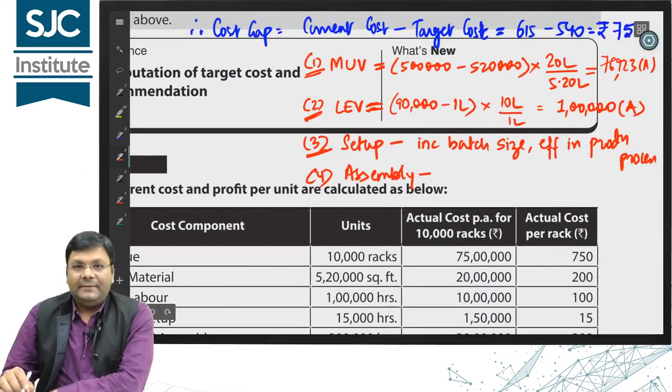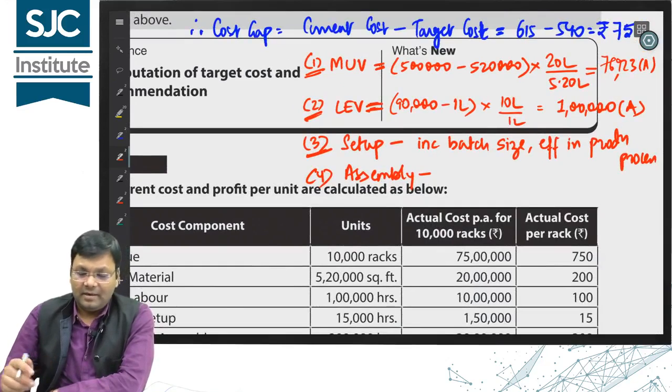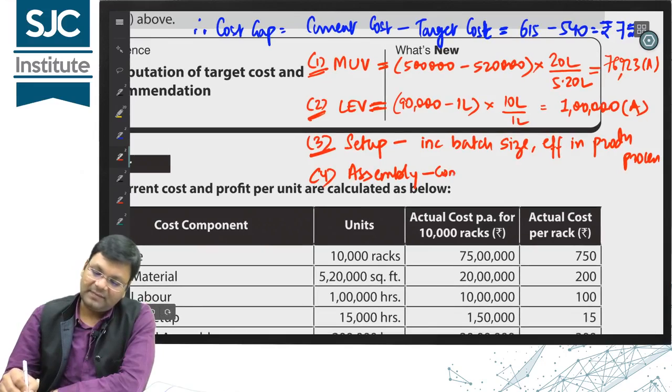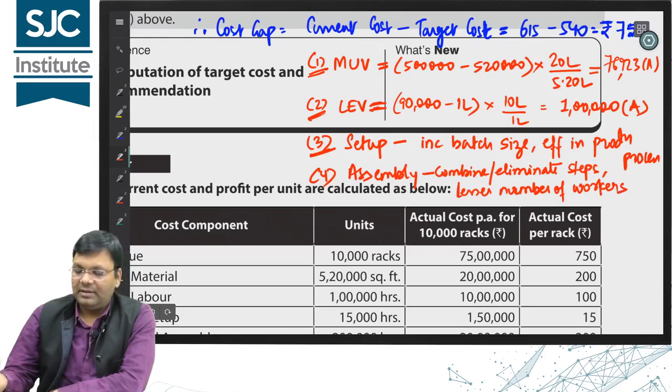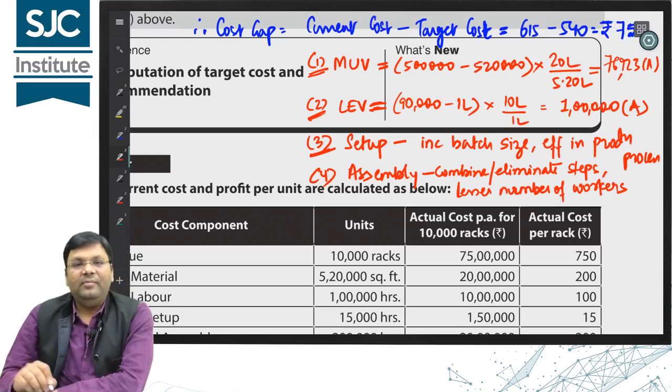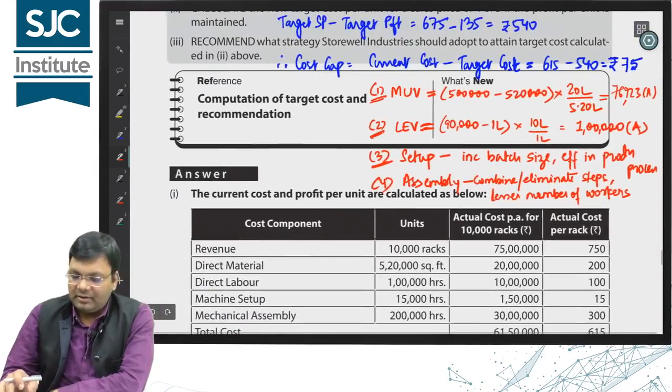It may be by thinking of how some steps can be combined, or eliminating certain steps, so that the work can be done by a lesser number of people in the assembly line. Lesser number of workers are required for the assembly process. So this way you will be able to reduce our assembly cost.